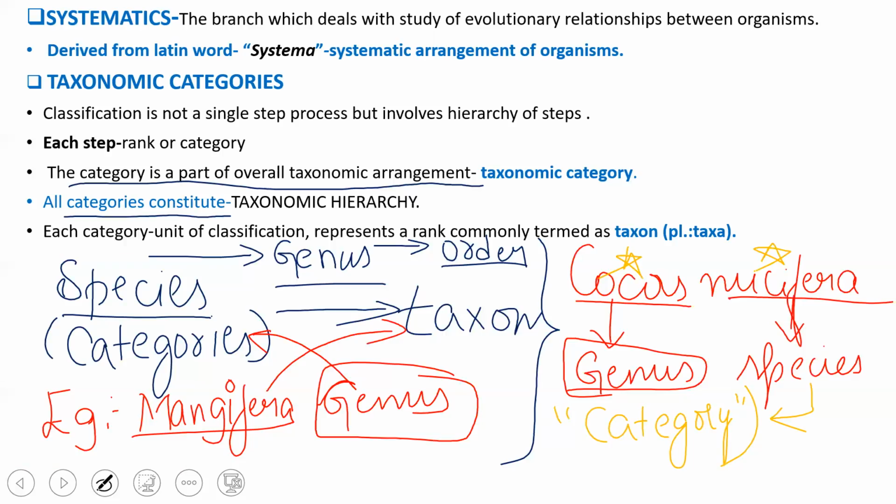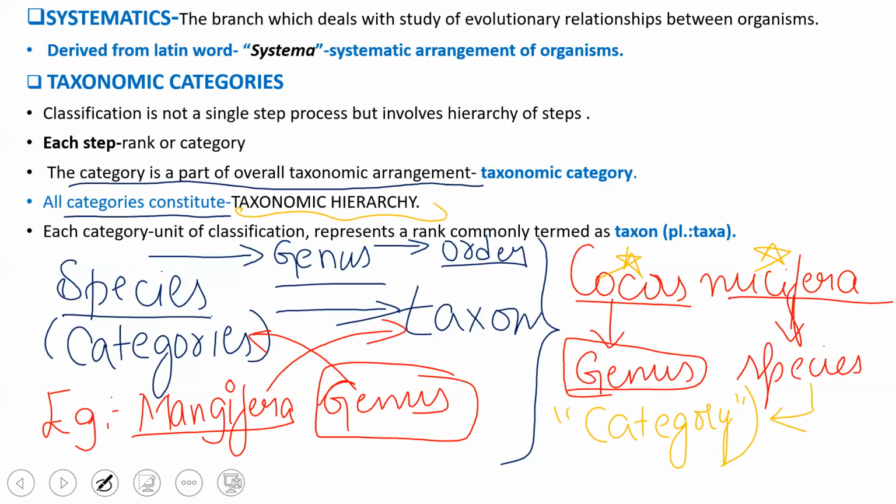So this will be arranged in a hierarchical manner. Generally, it is from ascending to descending order or from descending to ascending order. Such an arrangement of taxonomic categories constitutes the taxonomic hierarchy. Hierarchy is something which is systematically arranged in an orderly manner.